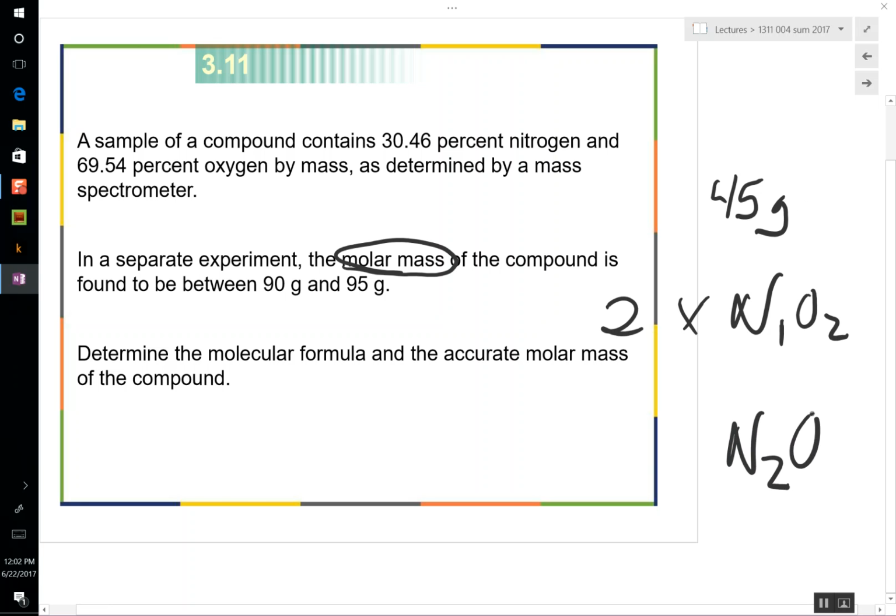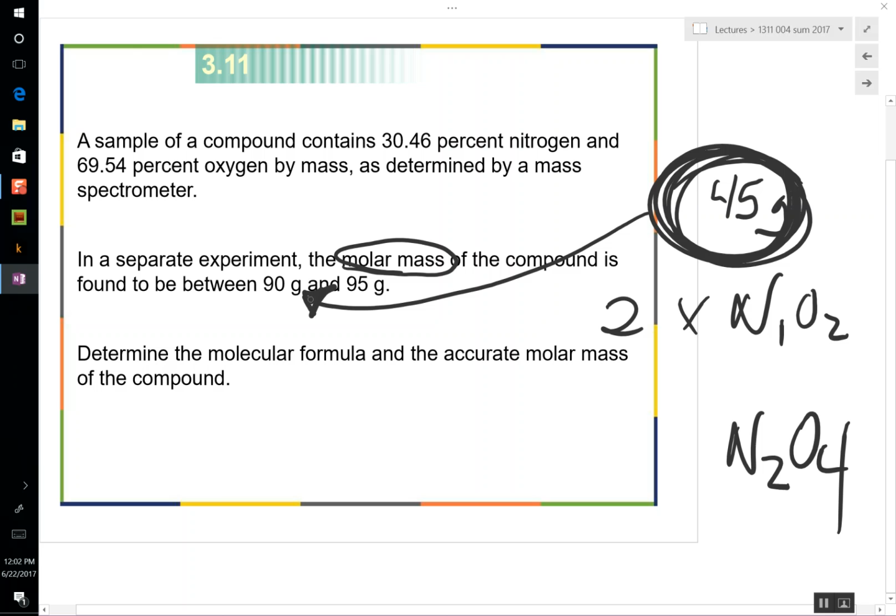This is going to be N2O4. The molecular formula is going to be double your empirical formula, because you can see that the mass of your empirical formula does not agree with your molar mass.